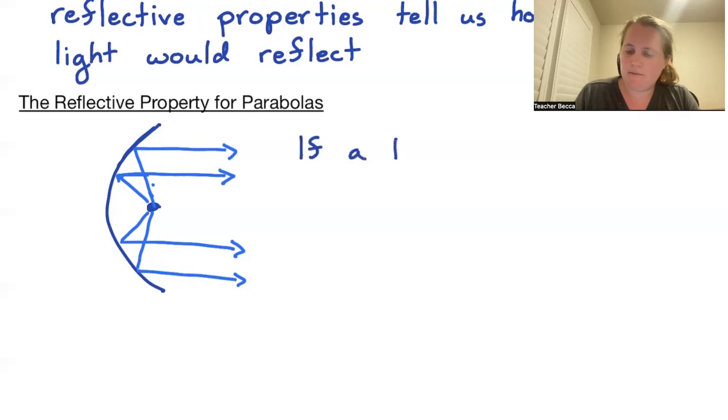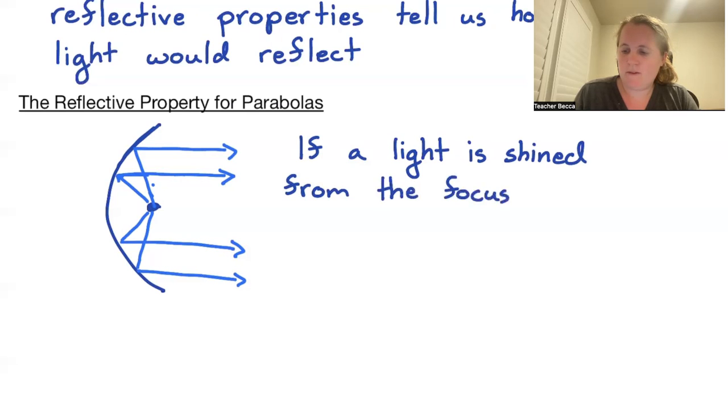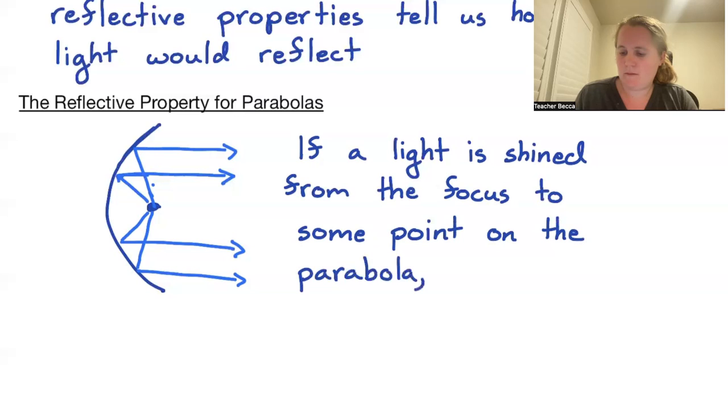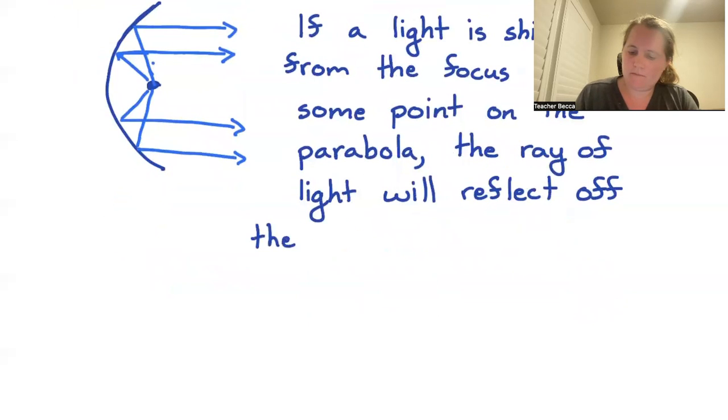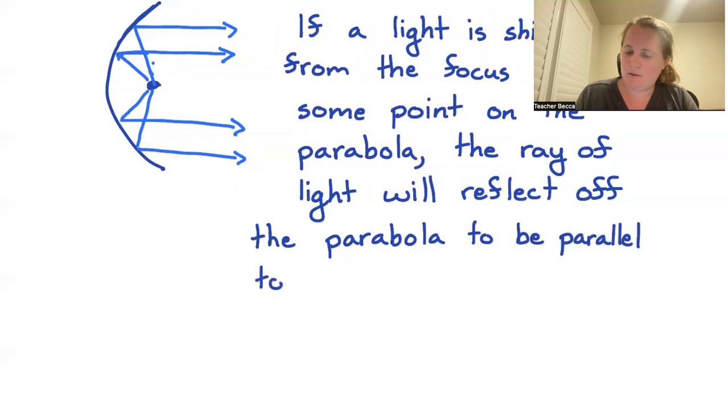So if a light is shined from the focus to some point on the parabola, the ray of light will reflect off the parabola to be parallel, sorry, not perpendicular, parallel to the axis of symmetry.